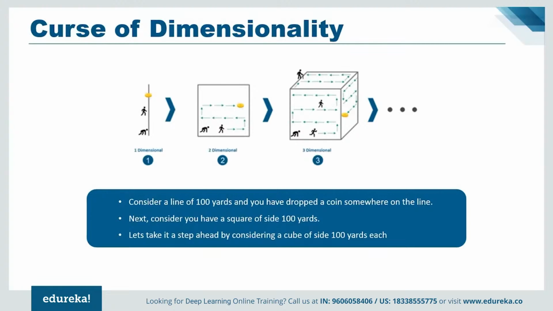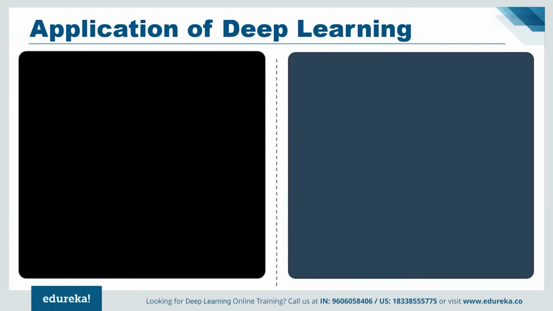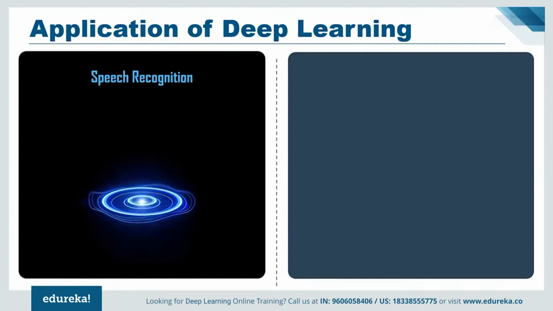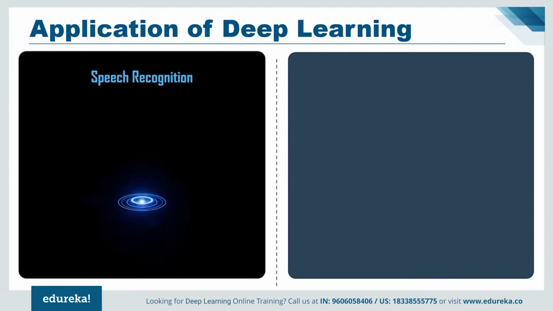Before we understand how exactly deep learning works, let's have a look at the applications of deep learning. The first application of deep learning is speech recognition. All of you might have heard about Siri, Cortana, or the Google Assistant. Apple has also started investing in deep learning like the other big giants to make its services better than ever.